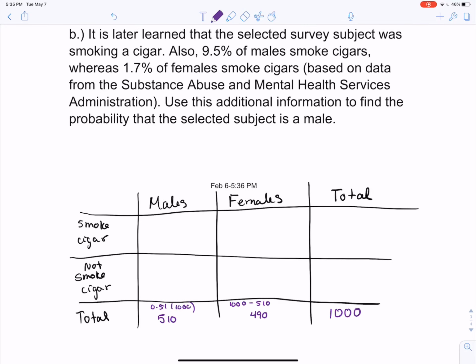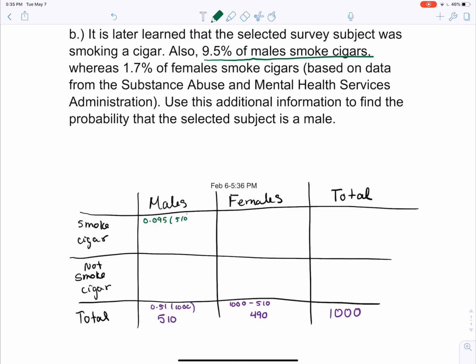Now, I look at the extra information they gave me. They told me that 9.5% of males smoke cigars. So I'm going to focus in on males and smoking cigars, which is my top left-hand square. 9.5% is 0.095, and it's of males.